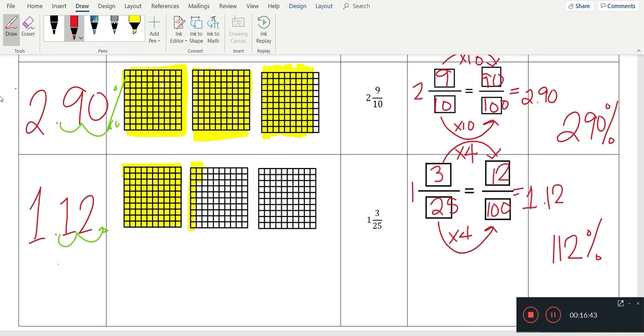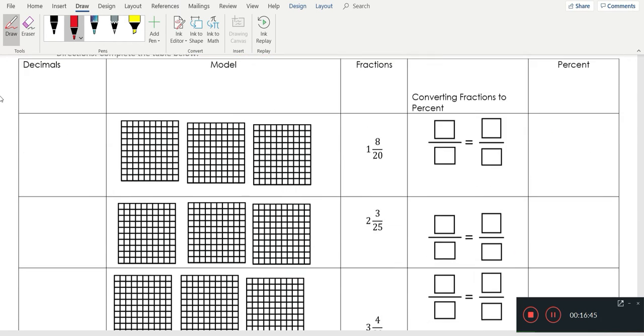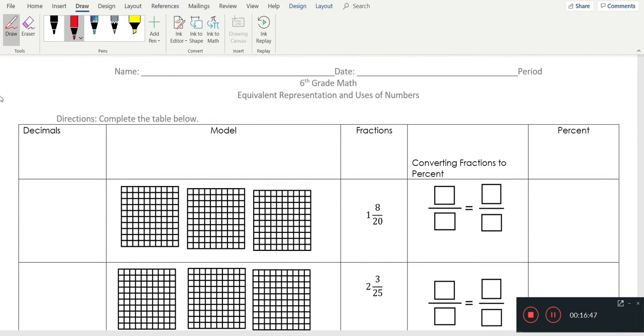So far so good. Okay, we have here the last page. Alright, so what we're going to do here is write this 1 and 8 over 20. Okay, I hope you're looking on the last page of your worksheets. So we have here 100.